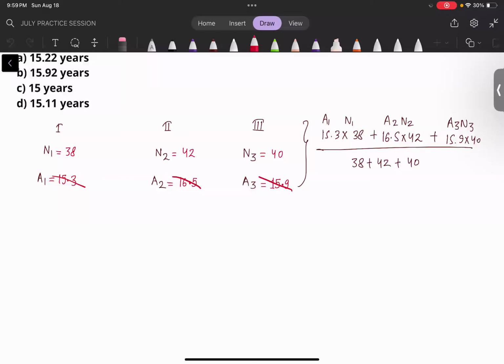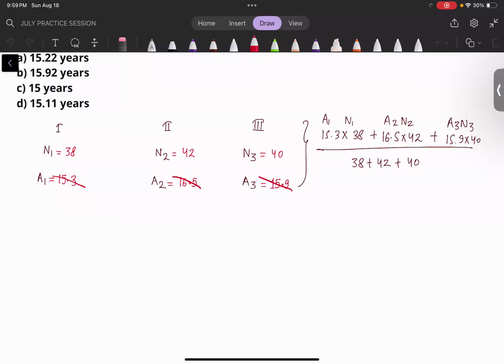Carefully answer. You are observing A1, A2, A3. Choose a value. Any value you can choose. What value you want me to choose? Not N1, N2, N3. Not that. A1, A2, A3. Choose a value so that the subtraction becomes easy.